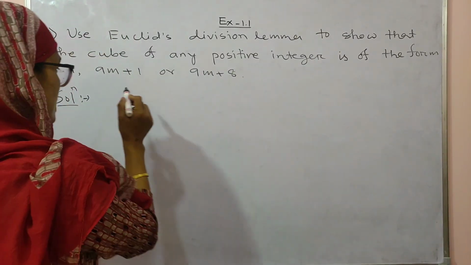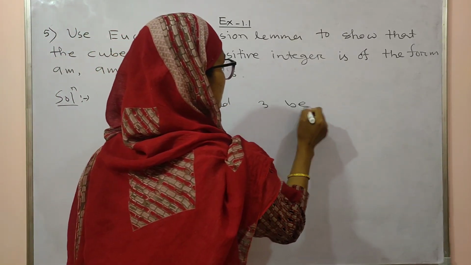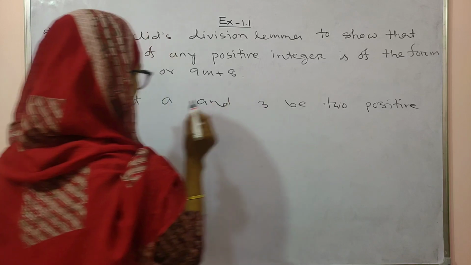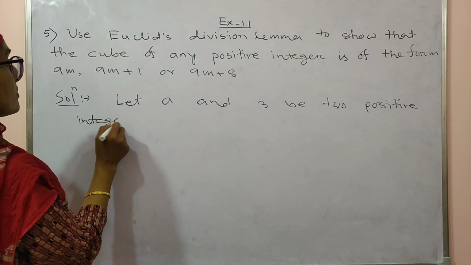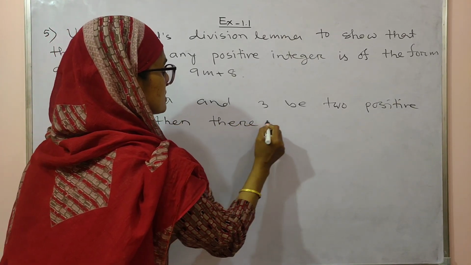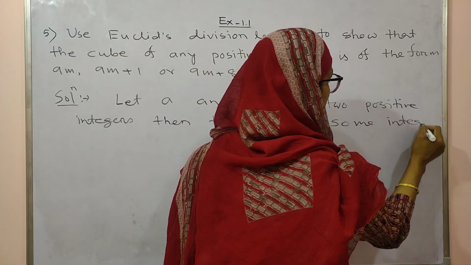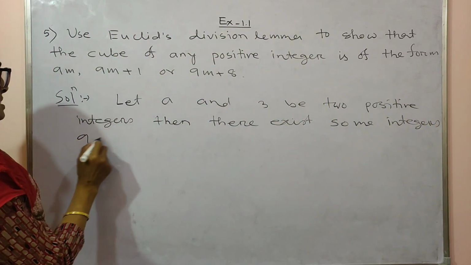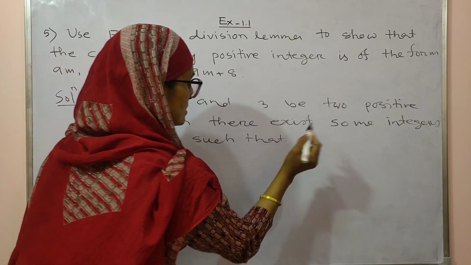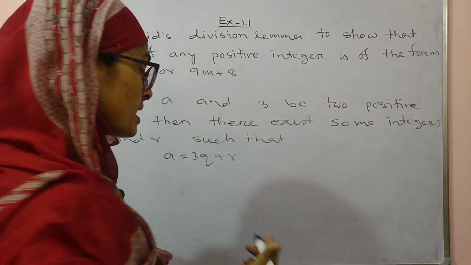So write down: let a and 3 be two positive integers, then there exist some integers q and r such that a equal to 3q plus r, which is Euclid's division lemma.